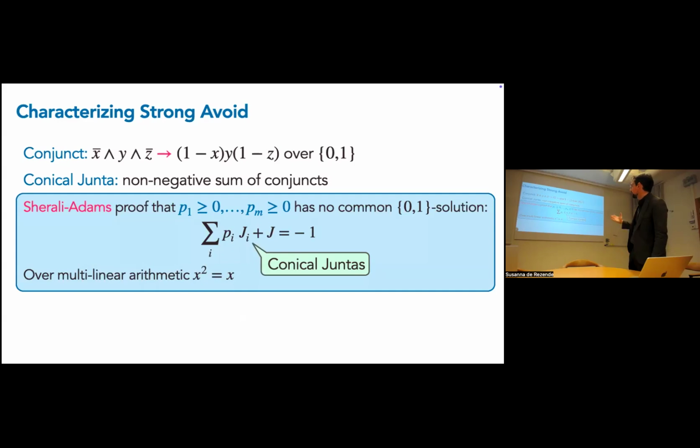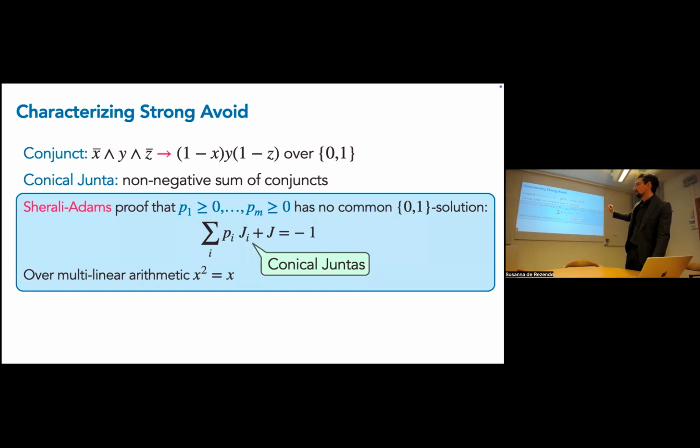And then a Sherali-Adams proof of the fact that a set of polynomial inequalities has no common 0-1 solution is this thing. You take each of these polynomials, you multiply it by a conical junta, then you're allowed to add in one more conical junta.